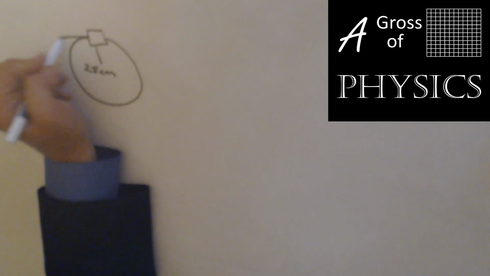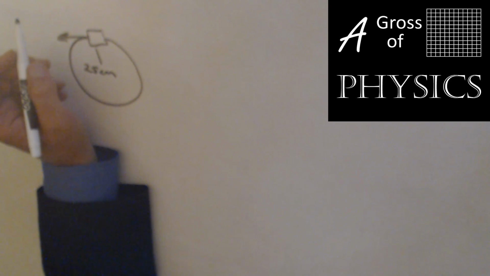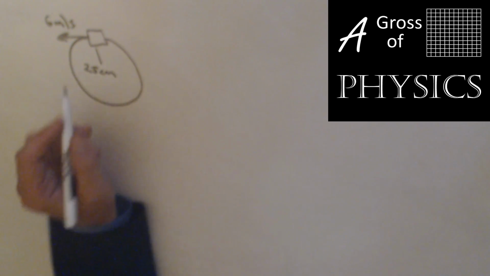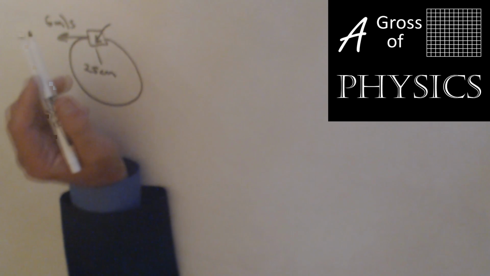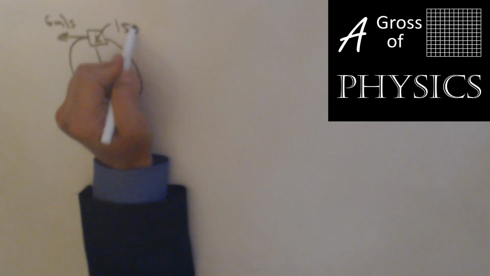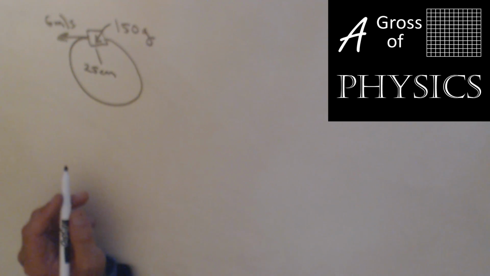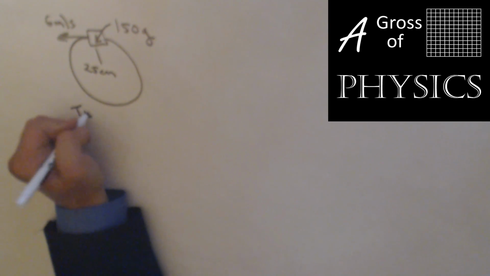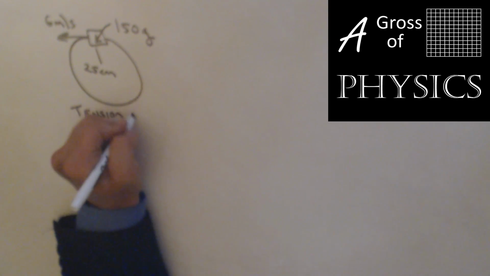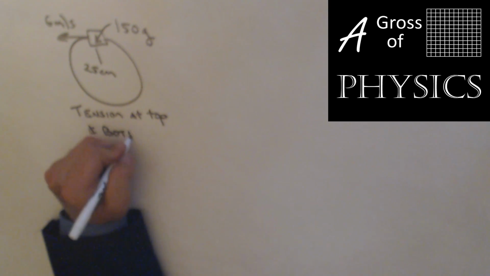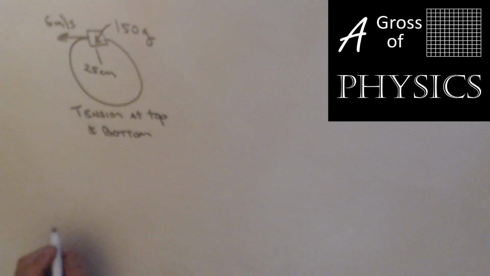And the speed of the whistle, remember it's tangent to the circle, is 6 meters per second. And we even have the mass of the whistle, 150 grams. Well, that being said, what I want to do is find the tension at the top and the bottom of the circle. And we'll see which one is bigger.